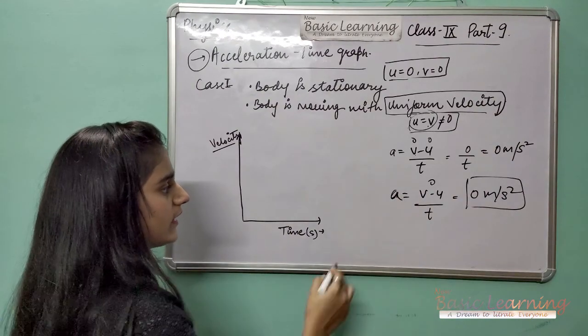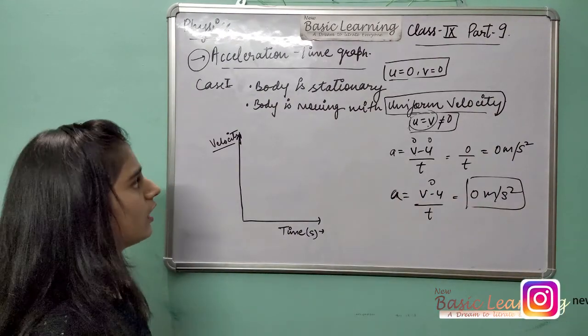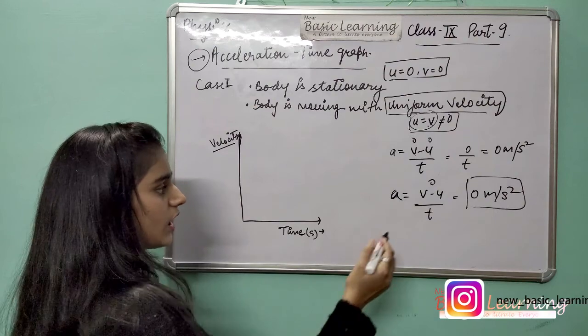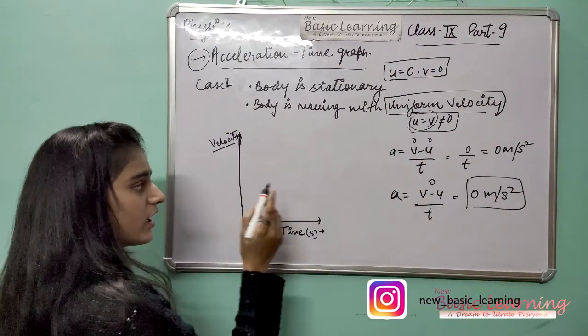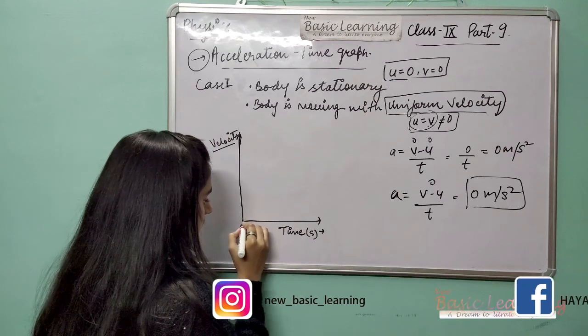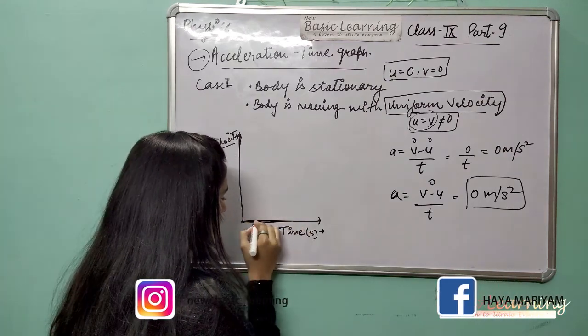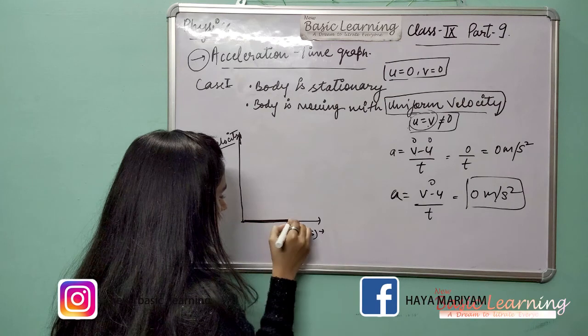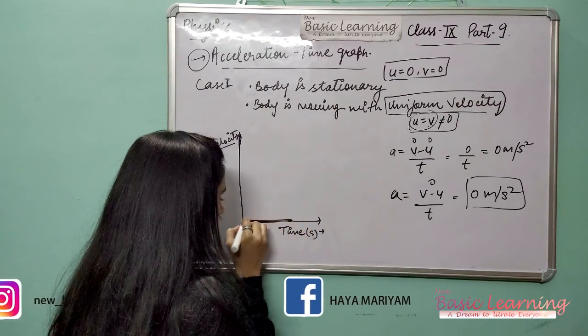So now we see that the acceleration is 0, and the graph will be like this. It overlaps on the time axis.